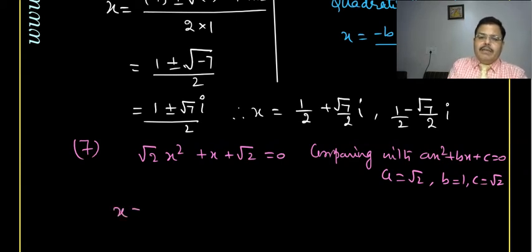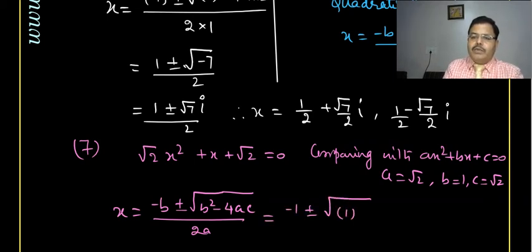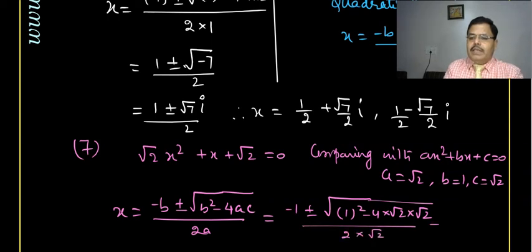Now x can be calculated as minus b plus minus root under b square minus 4ac upon 2a. So we will write here minus 1 plus minus root under 1 square minus 4 into root 2 into root 2 divided by 2a, 2 into root 2, and that will come minus 1 plus minus root under 1 minus 8, that is root 7 iota divided by 2 root 2.